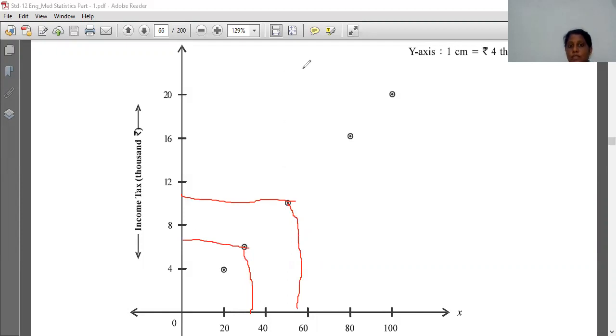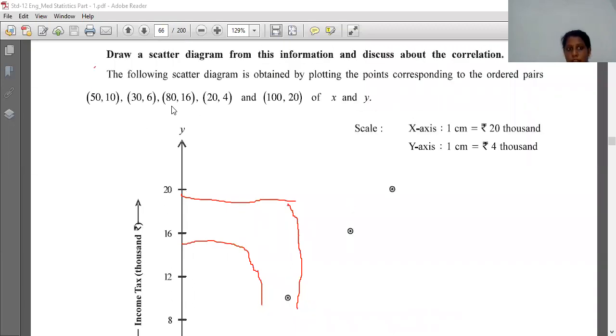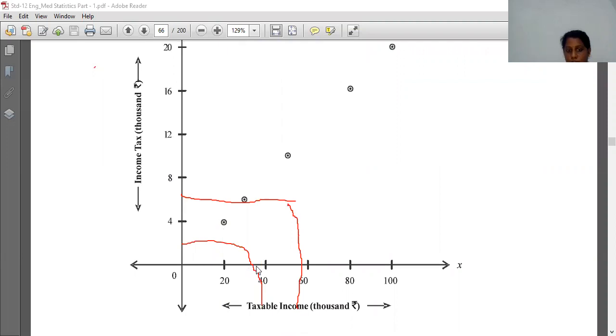So like this you have to show the drawing. Something like this. Exactly I can't draw, but still I tried. Now see, then 80 and 16. 80, where is it? Wait, 80 here, exactly here, 80 and 16, right? Like this you have to do.